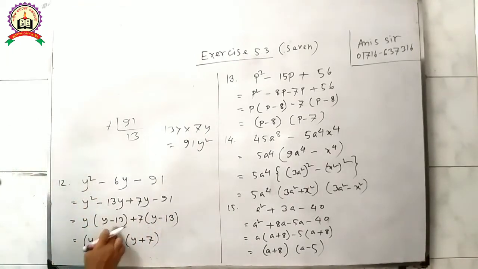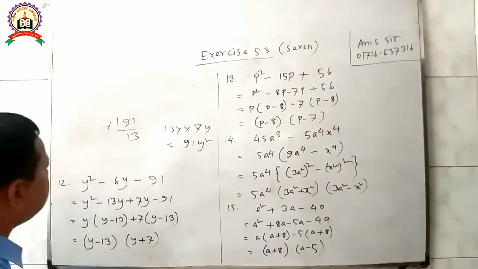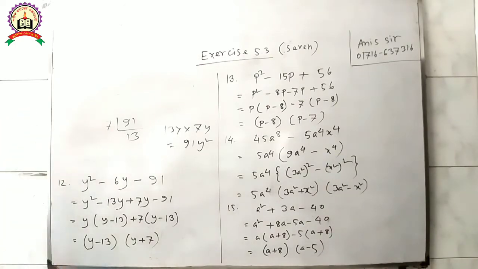So y minus 13 is common in two pairs. We take y minus 13 and then we get y plus 7. This is the answer. You have to solve question 12 as question 11, and in the same way you have to complete the rest.